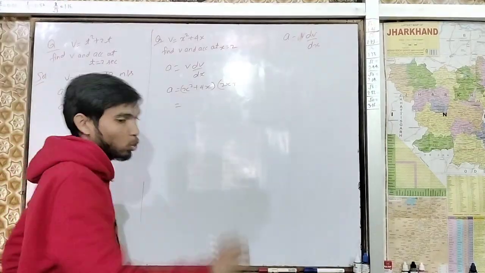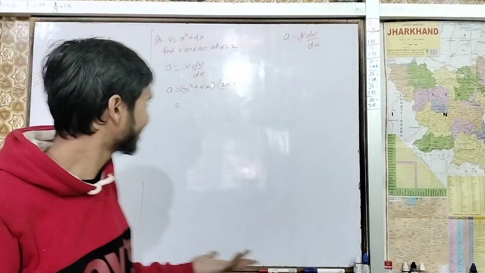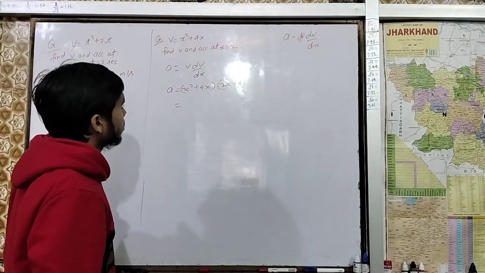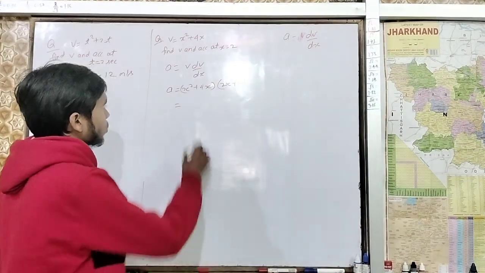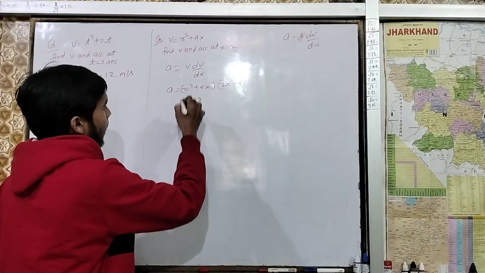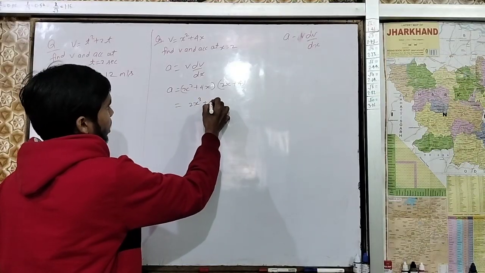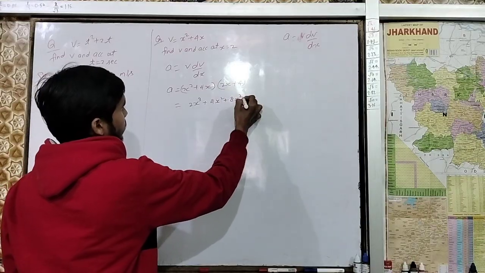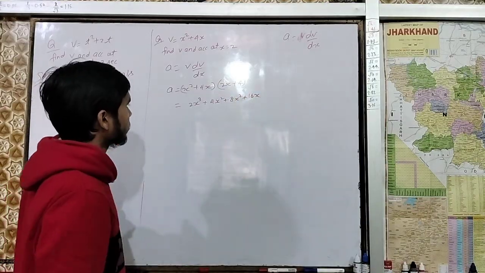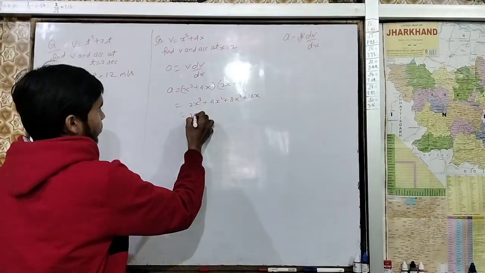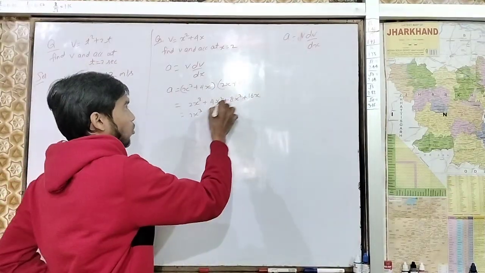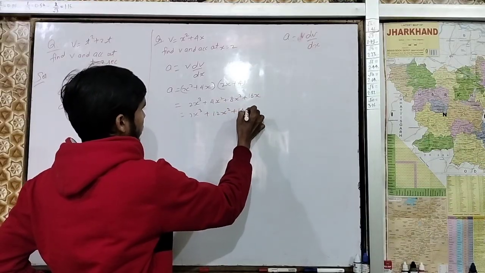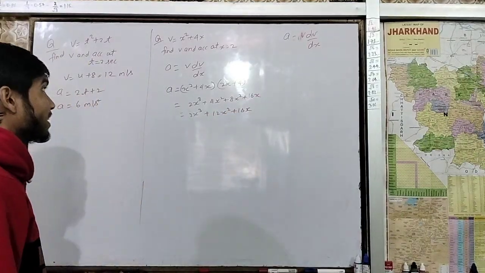Now our work is to multiply all these terms one by one. x square times 2x gives 2x cube plus 4x square. Then 4 times 2x gives 8x square. Then 4 times 4 gives 16x. Here we can simplify 8 plus 4, 12x square plus 16x.